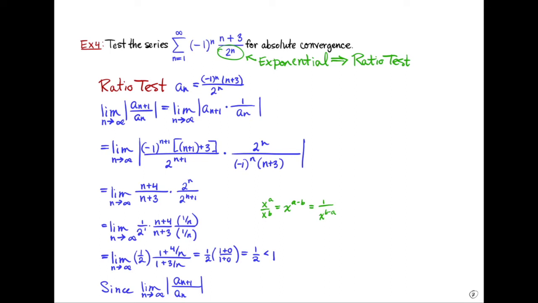Okay, so this limit is 1/2, which is less than 1. And so the series from 1 to infinity of negative 1 to the n times n plus 3 over 2 to the n is absolutely convergent by the ratio test.